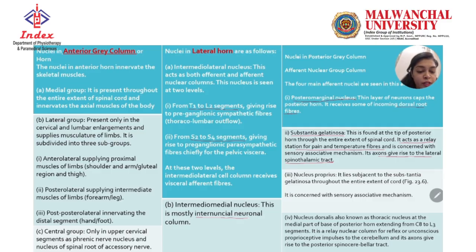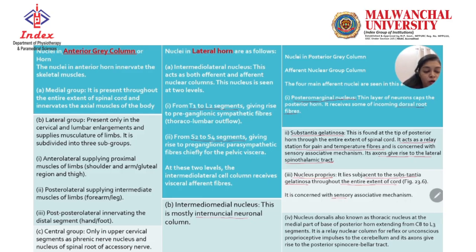Now if we talk about nucleus proprius, it extends throughout the entire extent of the cord and lies subjacent to the substantia gelatinosa. It is mainly concerned with sensory associative mechanisms.